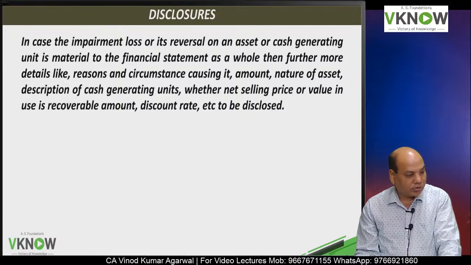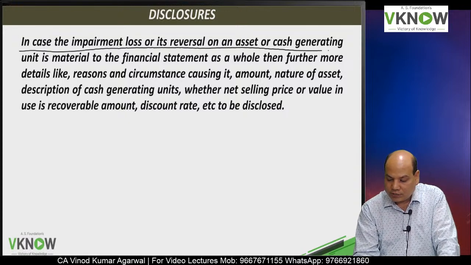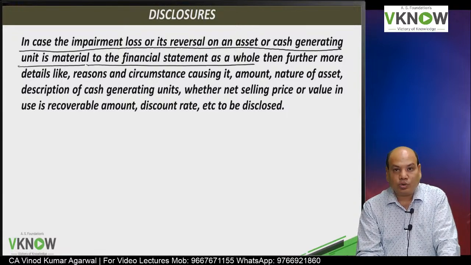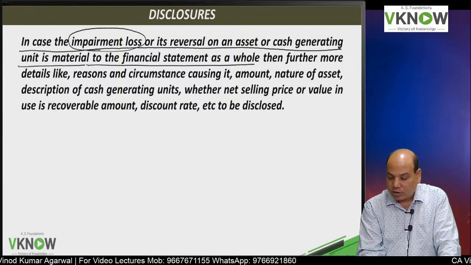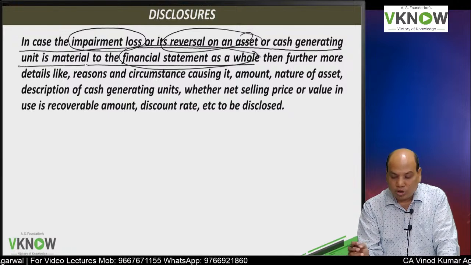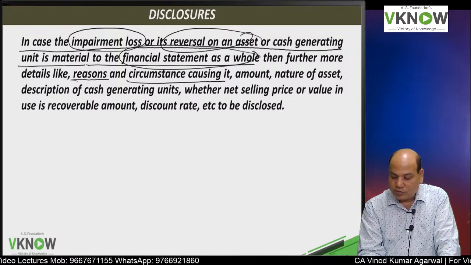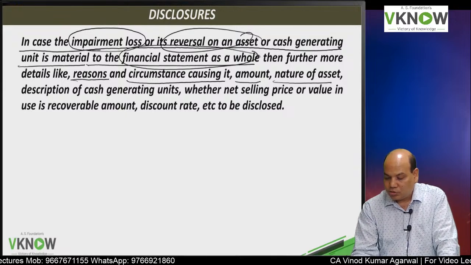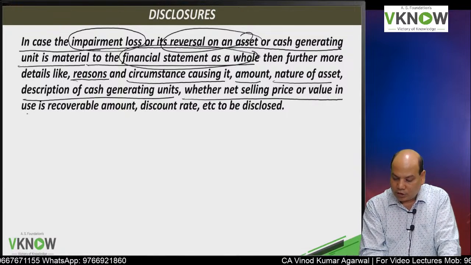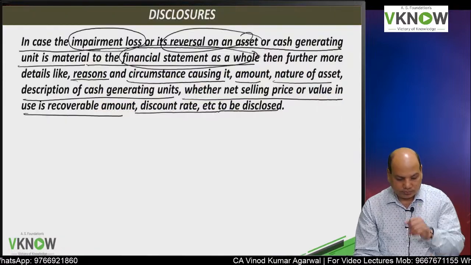Next are the last 2-3 lines for disclosure. In case the impairment loss or its reversal on an asset or cash generating unit is material to the financial statements as a whole, then more details are given, like the reason for impairment, circumstances causing impairment, amount, nature of asset, description of the cash generating unit, whether net selling price or value in use is the recoverable amount, and whatever discount rate is used will be disclosed.